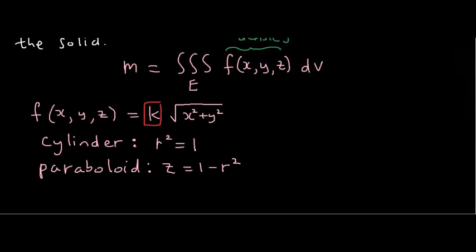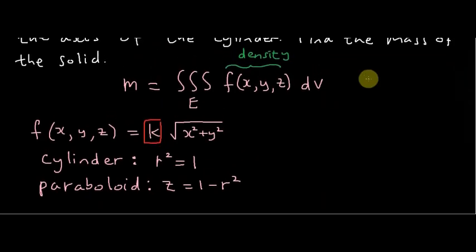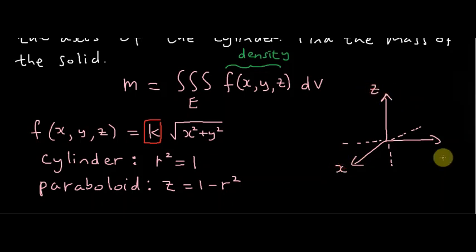Right, now we can also draw the region, or we should draw it. So basically we have the cylinder with radius 1.